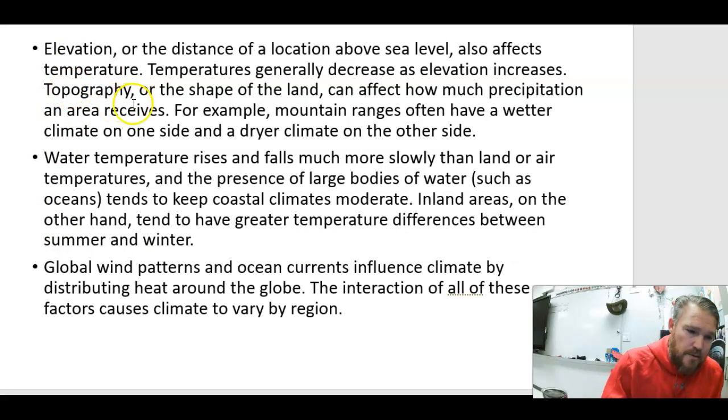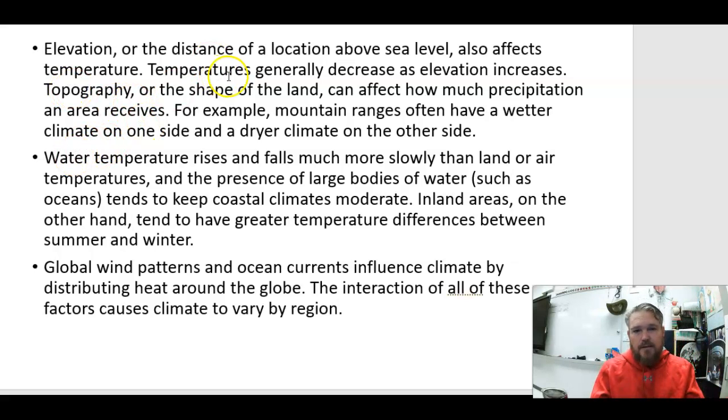Elevation is another one. So talking about the mountains again, right? With distance above sea level, temperature is going to decrease, and the closer to sea level you are, the warmer it will be. You will also be wetter if you are on the windward side of a mountain range.